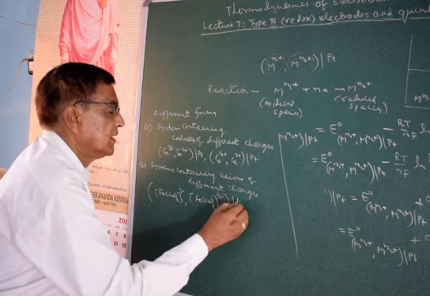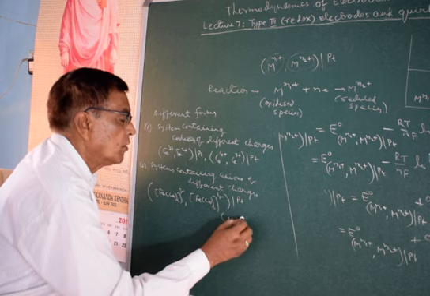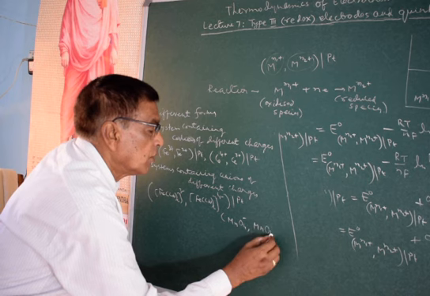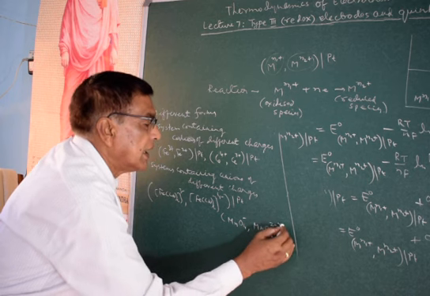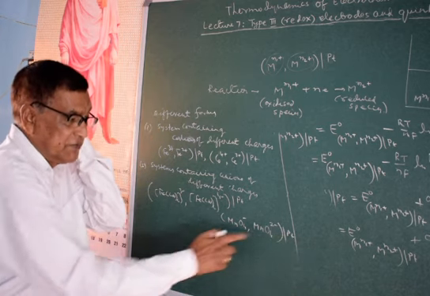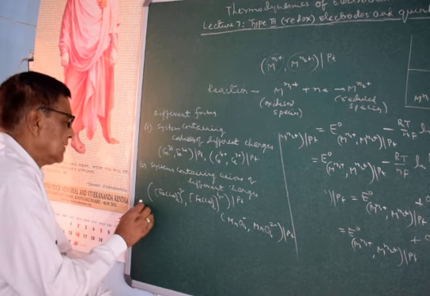This may also be written as MnO4- and MnO4 2-, with platinum. Here the oxidation state is 7, here the oxidation state is 6.